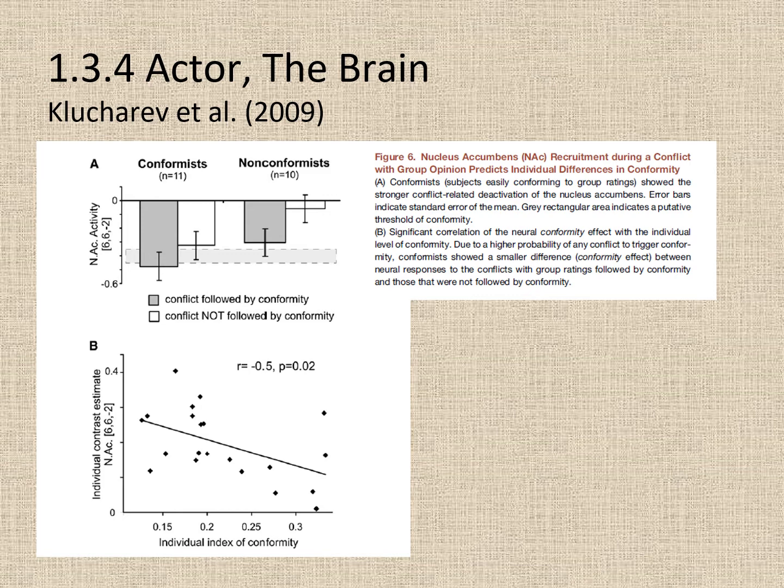So they make a median split here. Call some people conformist. They conform more than the others. And non-conformist. And what we see is that non-conformists have a lesser degree of decrease in nucleus accumbens activity than conformists.